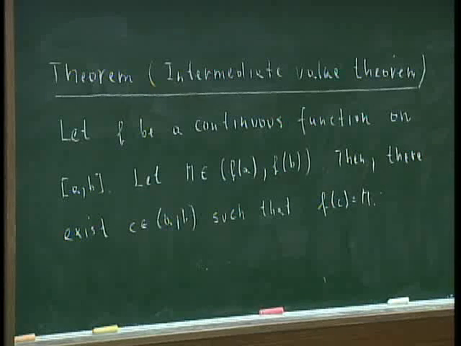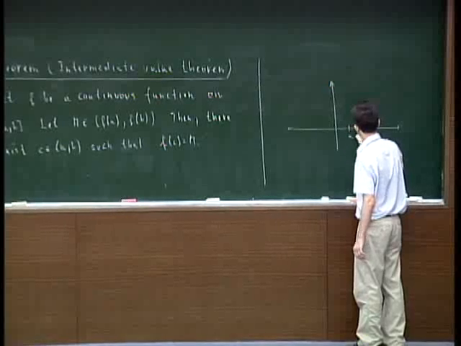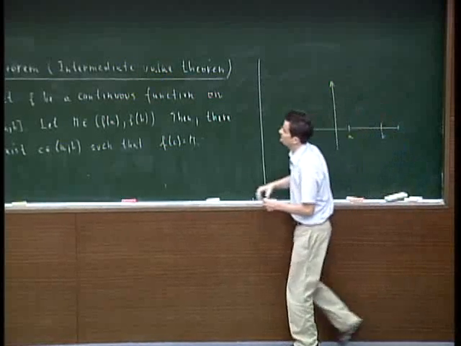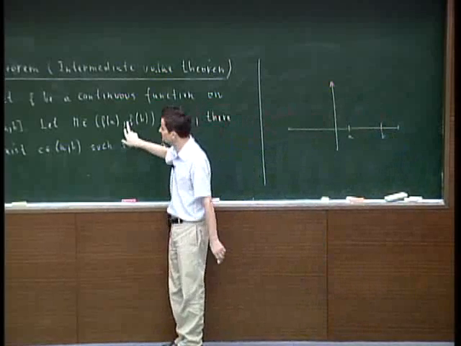Now this really looks like a trivial result. Maybe let's first plot a graph to understand the result. Let's say this is a here, this is b. Of course, f(a) and f(b) might be reversed.